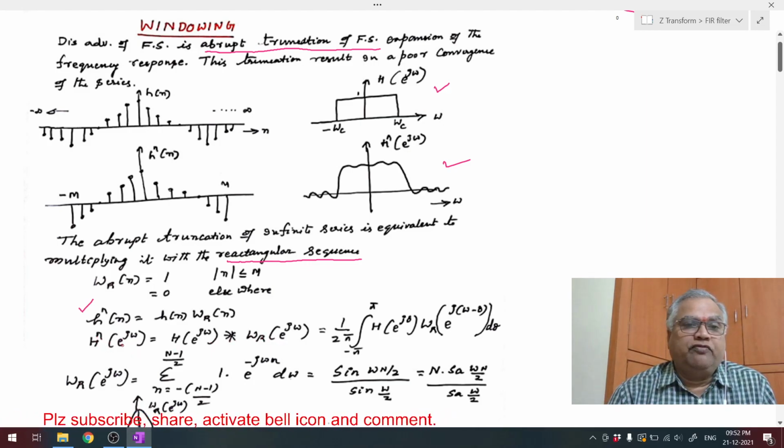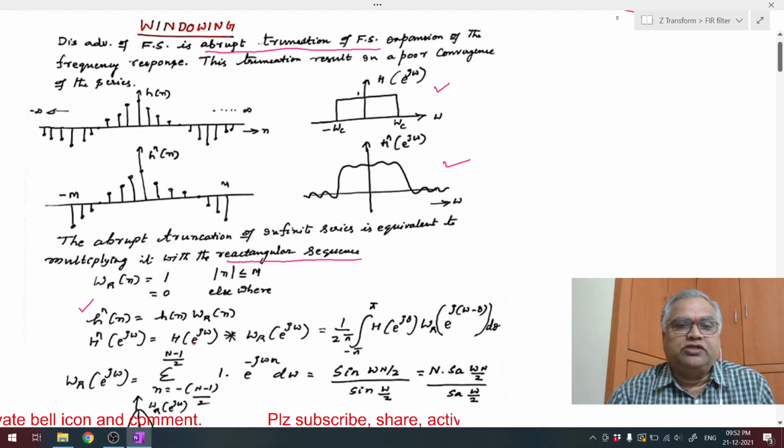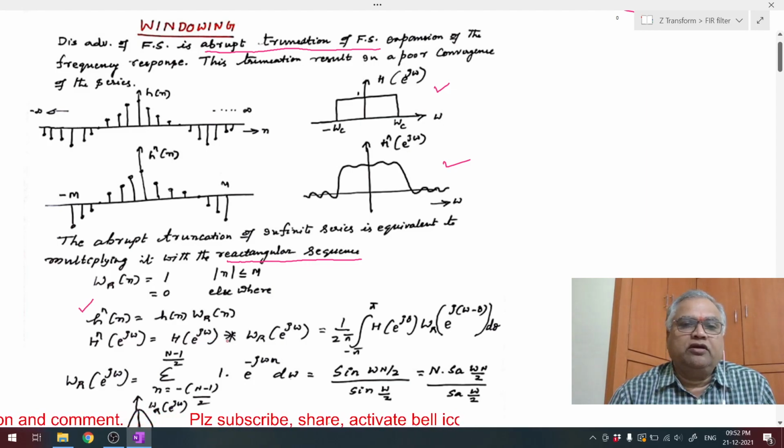So h cap of e power j omega equals the convolution between these two. The transform of h of n is H e power j omega, and the transform of WR of n is WR e power j omega. So these two we have to convolve. So how to do convolution?